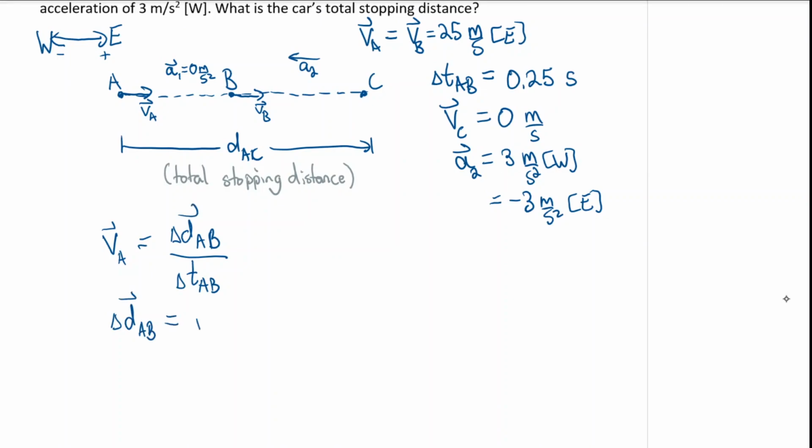So we've got v equals 25 meters per second and a time of 0.25 seconds. All right, so how much do we actually travel?